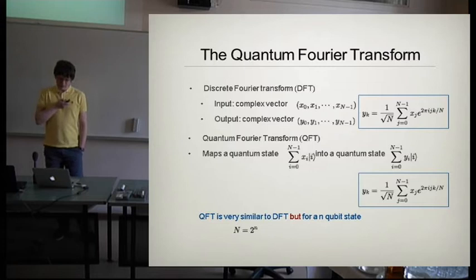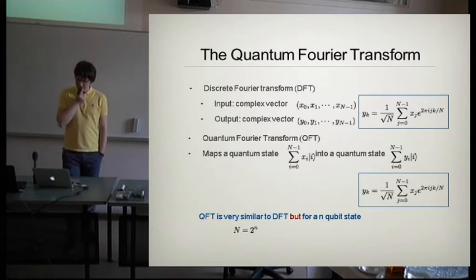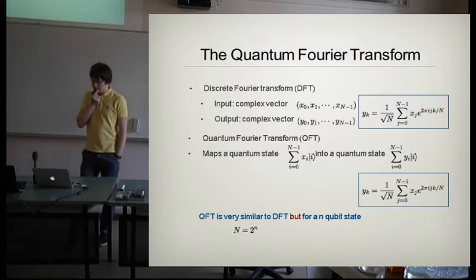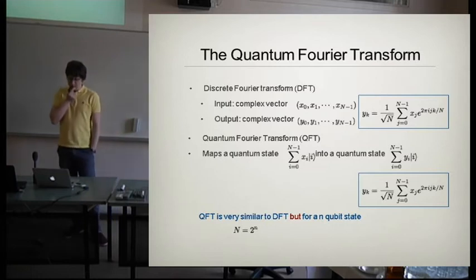Well, the quantum Fourier transformation is similar to the discrete Fourier transformation, whereas the discrete Fourier transformation transforms complex vectors, the quantum Fourier transformation transforms quantum states.